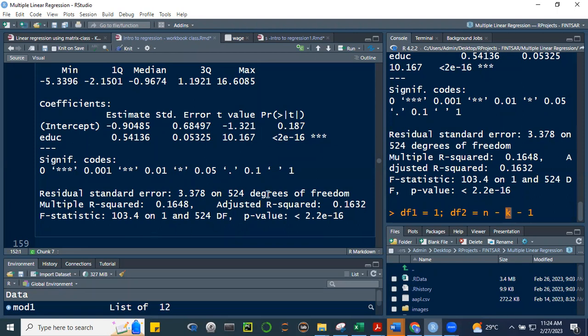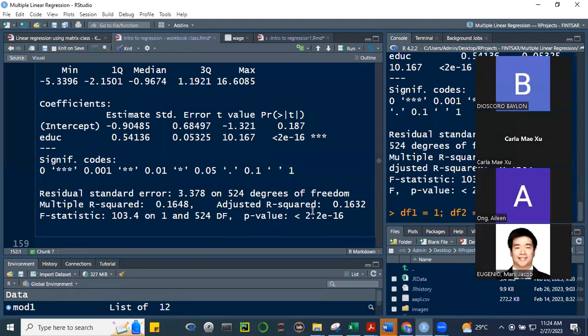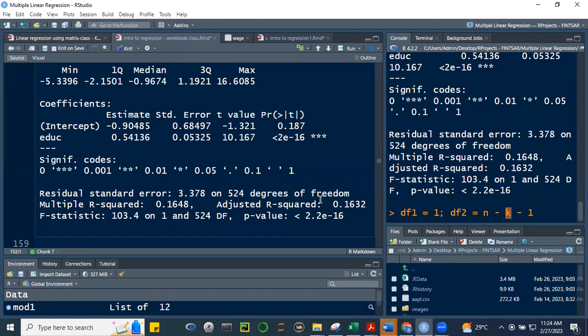So the null hypothesis here is beta null is equal to beta 1 is equal to etc., depending on the number of predictors, is equal to 0. So in this case, we reject that null hypothesis because the p-value is very, very small. So we said that when the p is low, the null must go.